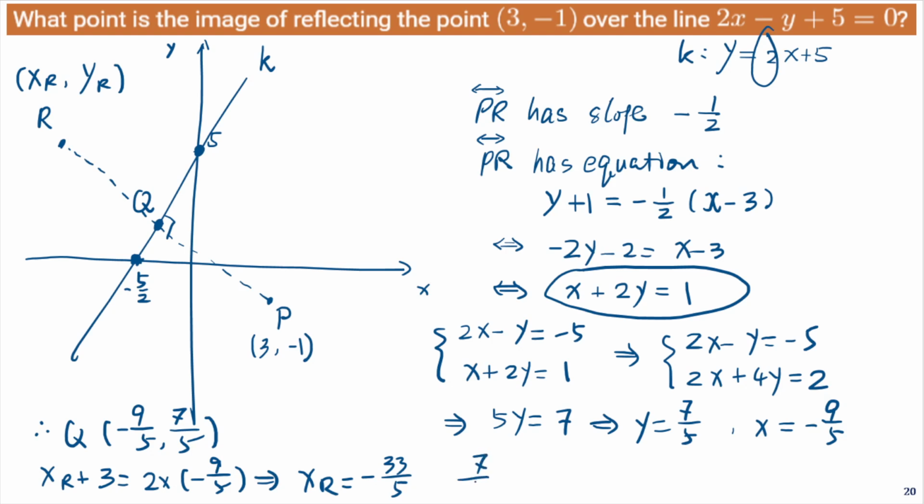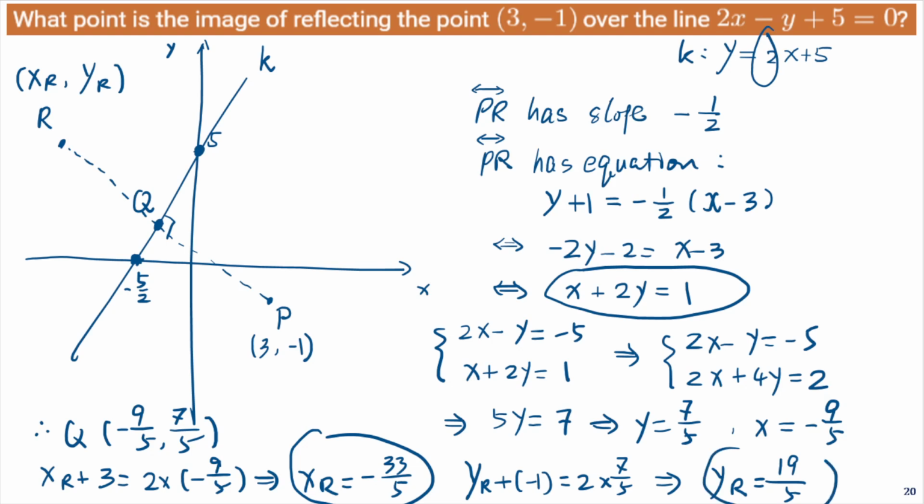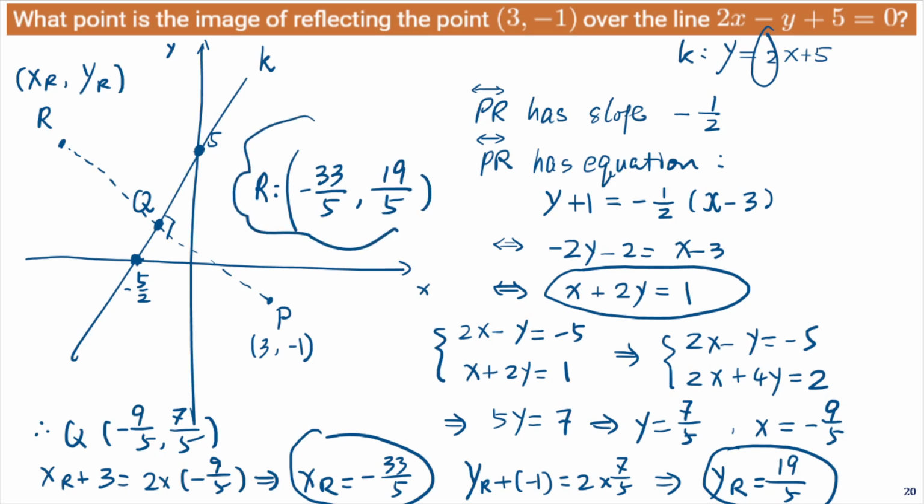And then yr plus -1 equals 2 times 7/5, and this gives us yr equals 19/5, right? So these are the x coordinate and y coordinate of the reflection point R. Therefore, the desired point R has coordinates (-33/5, 19/5). Any questions?